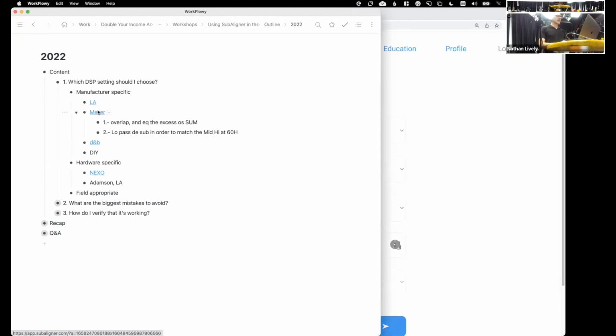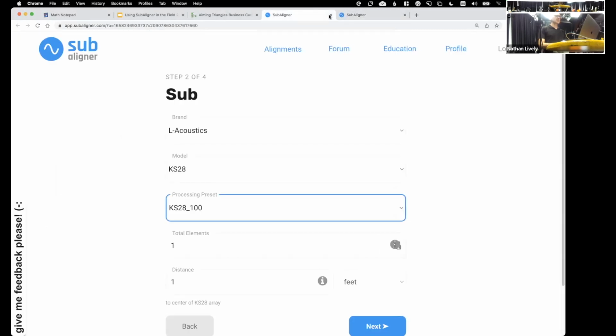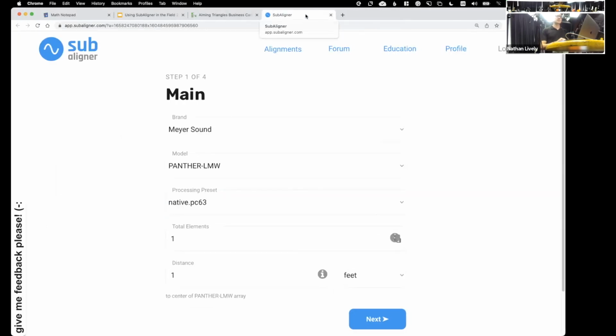Okay, what about Meyer Sound? So the Meyer Sound method is, number one, you just use everything in native mode, right? There are some starting points, but they don't really adjust the high and low pass filters very often.